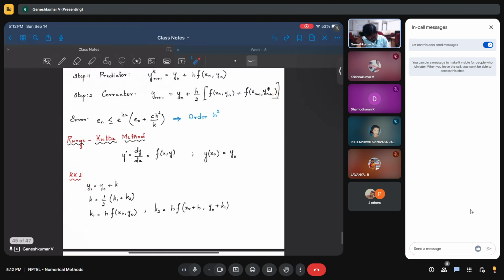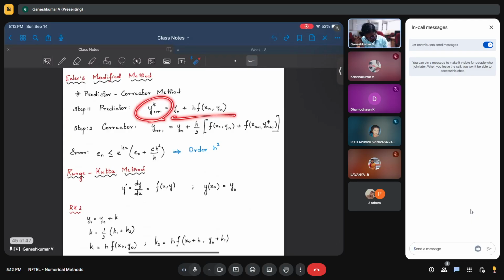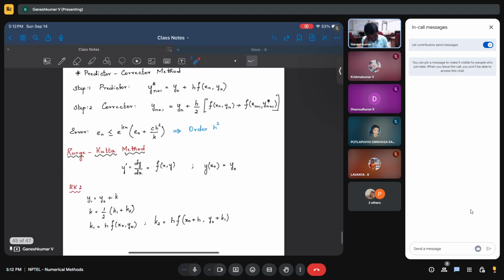So basically this K1, what we found, h times f of x naught y naught, is actually the predicted value, and the predicted value is substituted here. So this is nothing but y naught plus K1, which we substitute here. You can derive the equivalence between modified Euler and RK2 method.